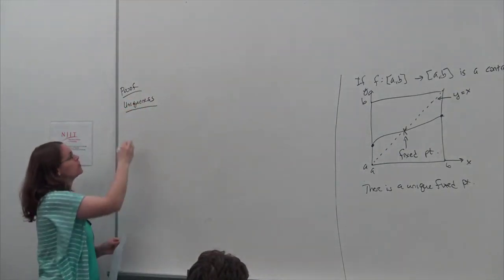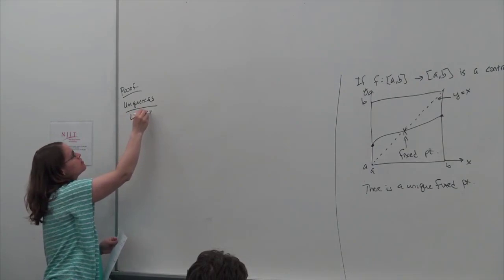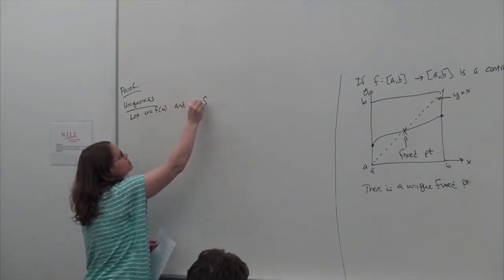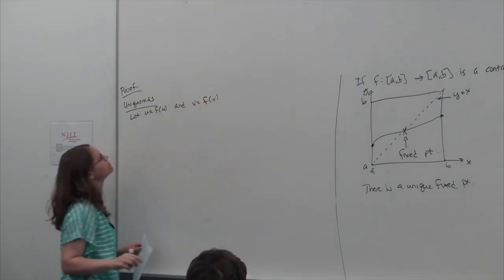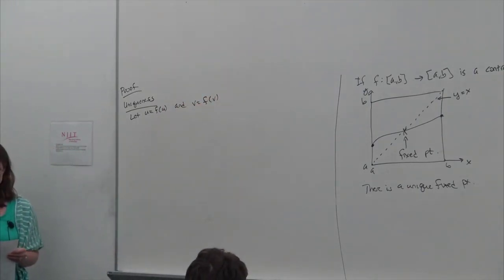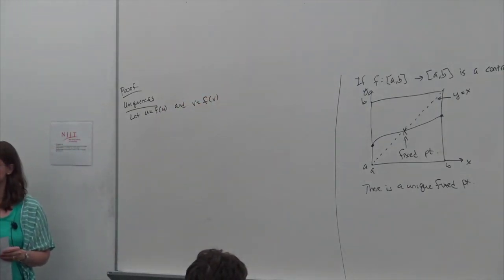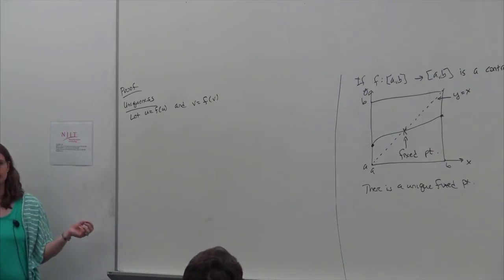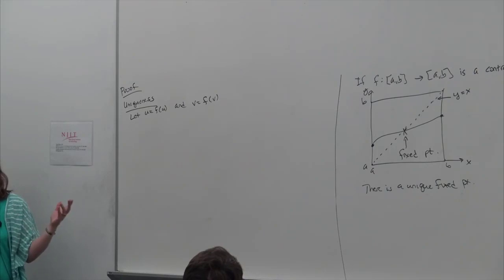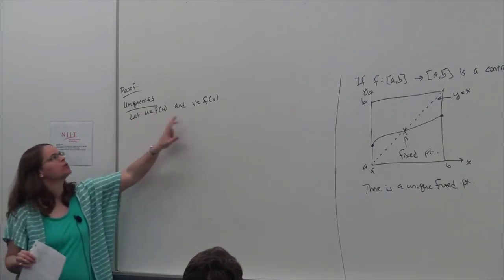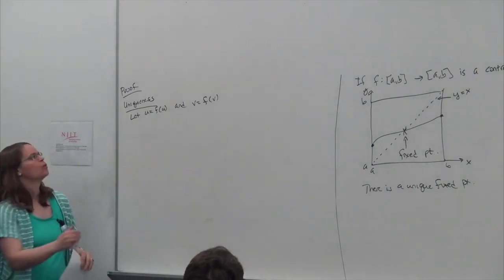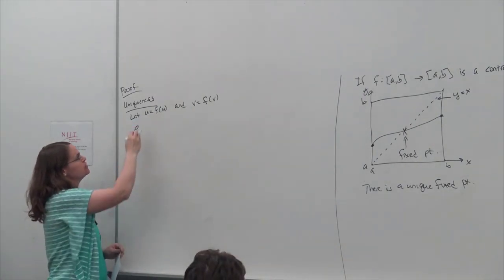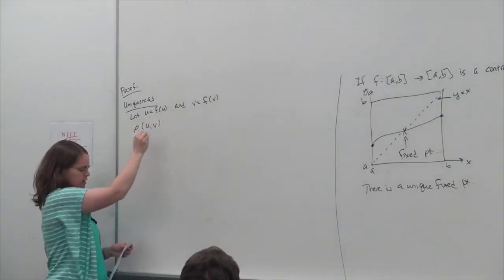Let's suppose that there's two of these guys. All right, I want to prove they're equal. How do I prove they're equal? I prove that the distance between u and v is 0. So what I want is to look at the distance between u and v and hopefully show it's 0.